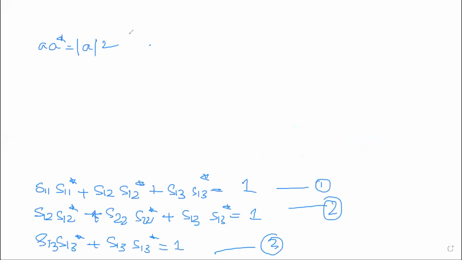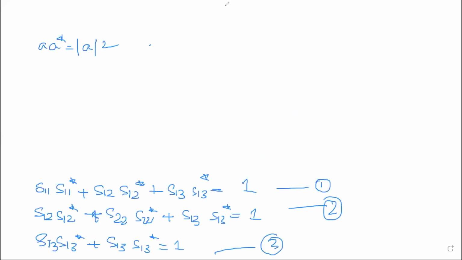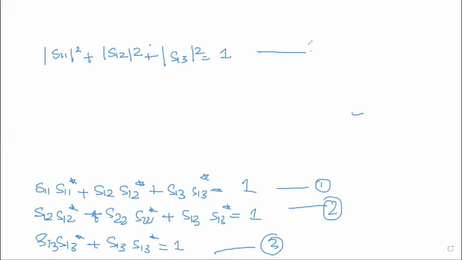So you can write it as, for the first equation, magnitude of S11 square plus magnitude of S12 square plus magnitude of S13 square is equal to 1. This is from 1. So you can make this equation 3.